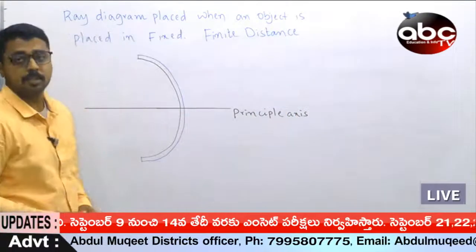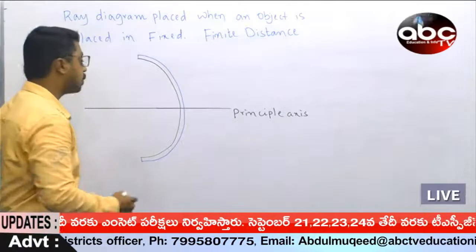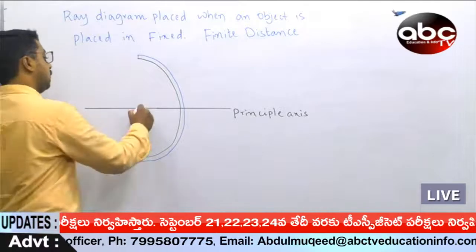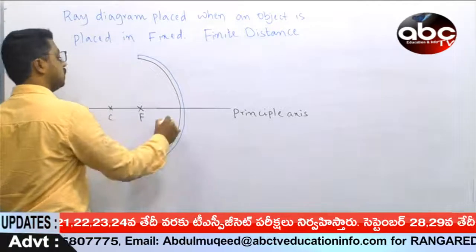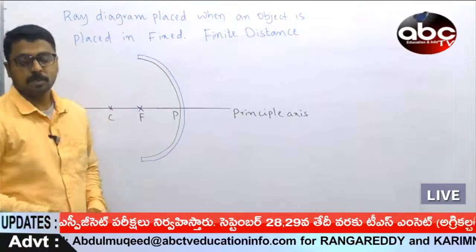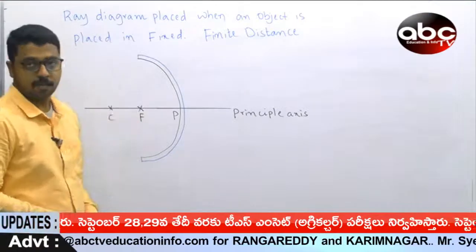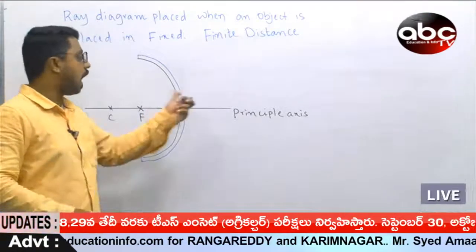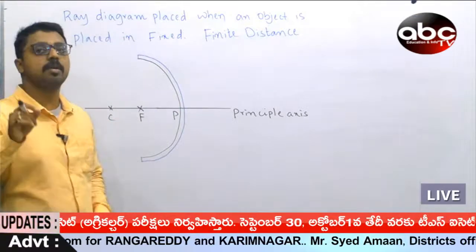Coming to our next point, what are we going to discuss? This is important: as I already said, here comes your focus, here comes your center of curvature, and then comes your pole. These points remain inside a convex mirror, and on this side you do not have any such points in a convex mirror.